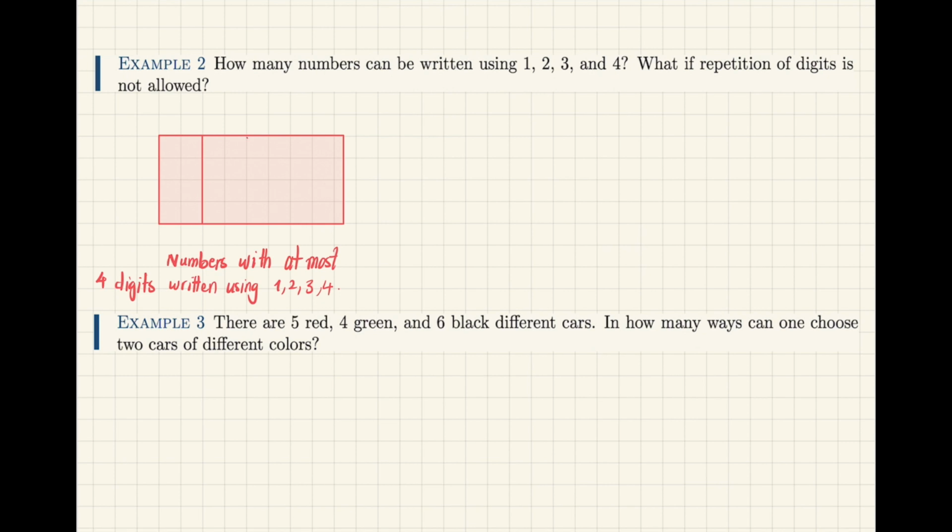Yes, so I count the number of 1-digit numbers, then I count the 2-digit numbers, 3-digit numbers, and 4-digit numbers. Let me write it simply: 1-digit numbers, 2-digit numbers, 3-digit numbers, and finally 4-digit numbers.